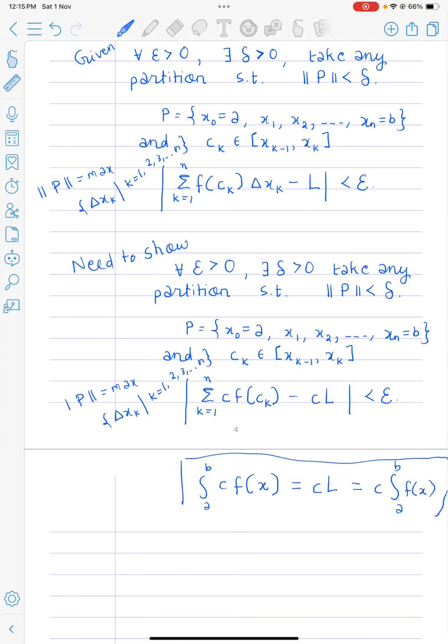This is what we want to prove. I want to show this.